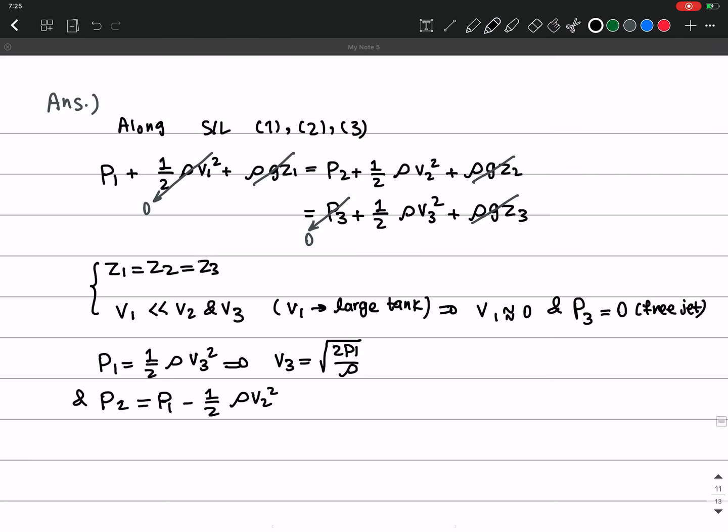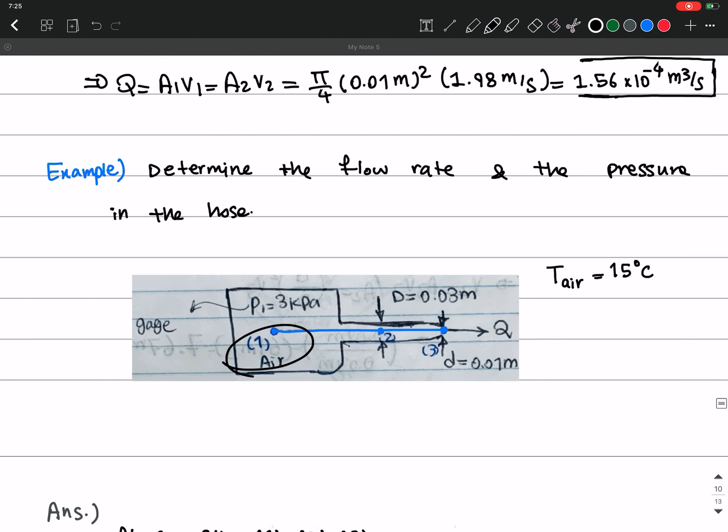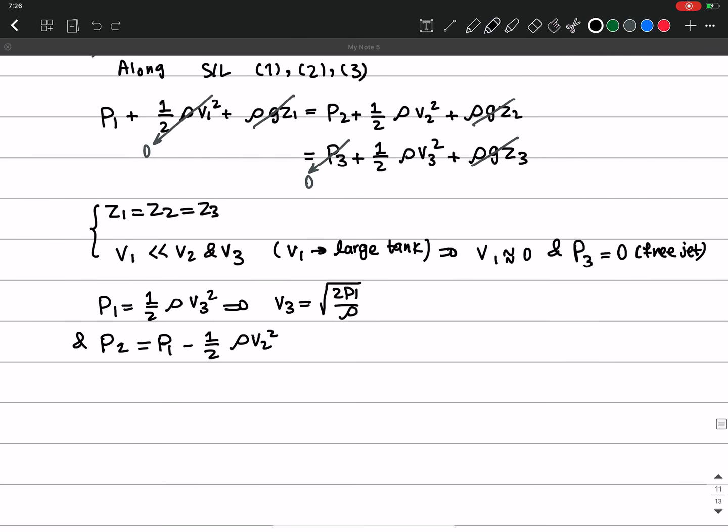And so this is air, and I don't know the density of air, but the problem gives us the temperature of air, right? So we can calculate the density of air using the ideal gas law, right? So I write the ideal gas law to find the density of air.